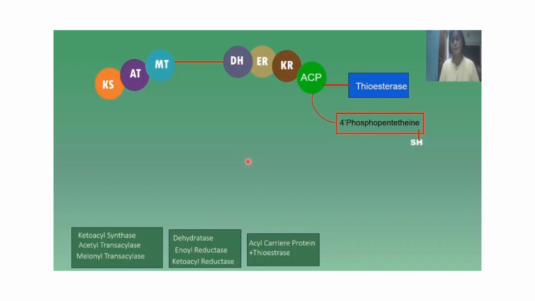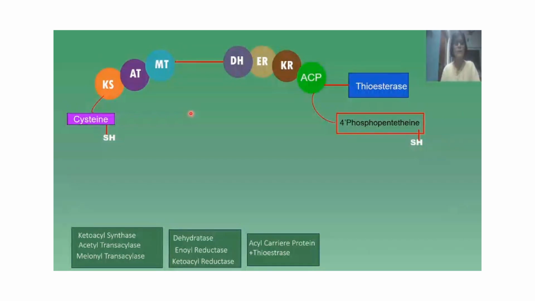ACP is also linked with one SH group, that is sulfhydryl group, through 4' phosphopantetheine. Another SH group is present with the ketoacyl synthase enzyme, and this SH group is linked with the cysteine amino acid of this ketoacyl synthase.